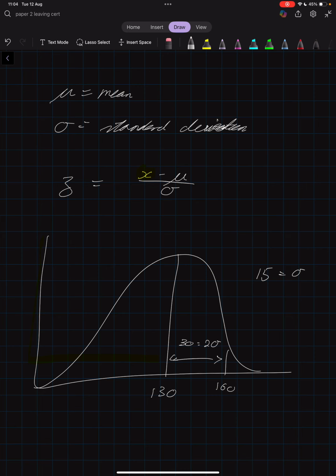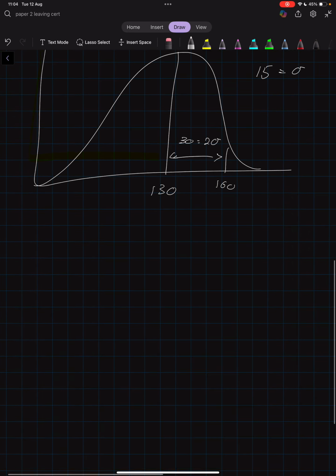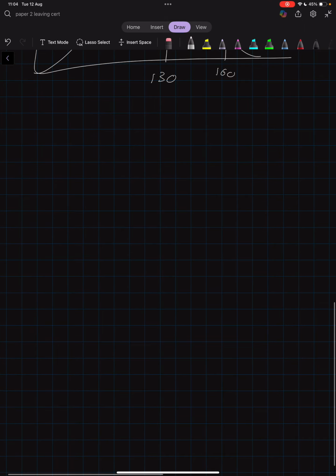Now, if we're doing a sample, so let's say we only do a sample of a population. Let's say the population in Ireland says the average height of a male in Ireland is 5'10". Grand. Then if I want to do a sample, I might go around my school and measure the heights of my teachers and see what the average of my teachers is, and maybe it's 5'8".